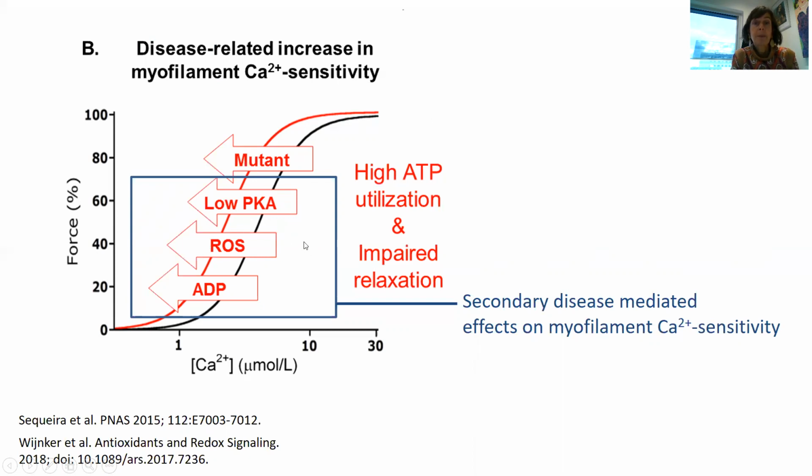Oxidative stress, which may develop during cardiac disease development, also alters the myofilaments, and mitochondrial changes, which may increase the levels of ADP, increase calcium sensitivities. And we believe that these occur during disease development, but are secondary to the mutation-induced changes in calcium sensitivity.